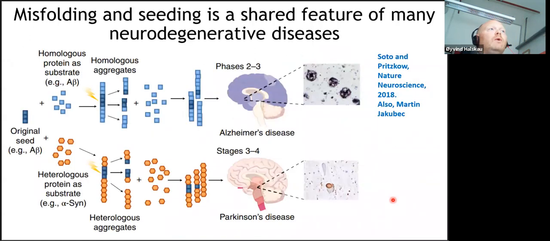So misfolding and so-called seeding is a shared feature of many of these neurodegenerative diseases. In the molecular theory of this, one assumes that misfolding can happen spontaneously, but it can also be seeded.